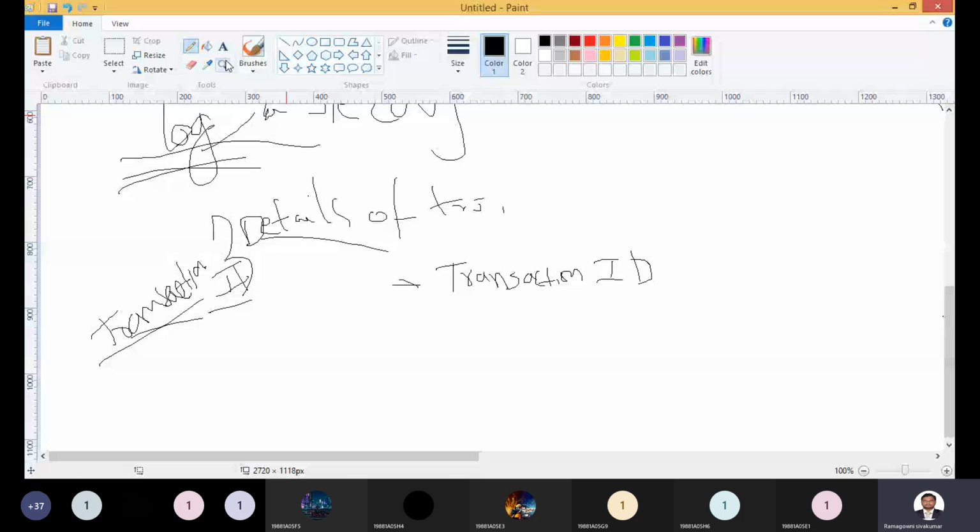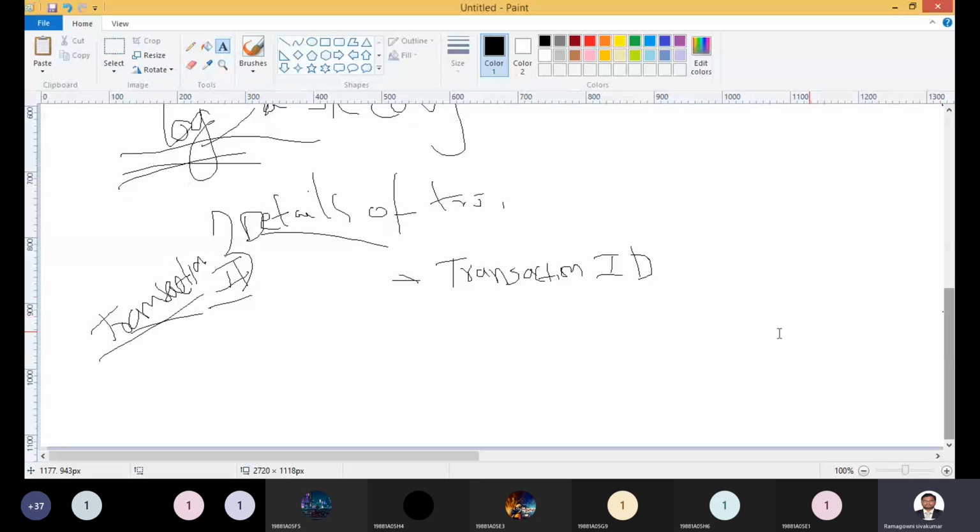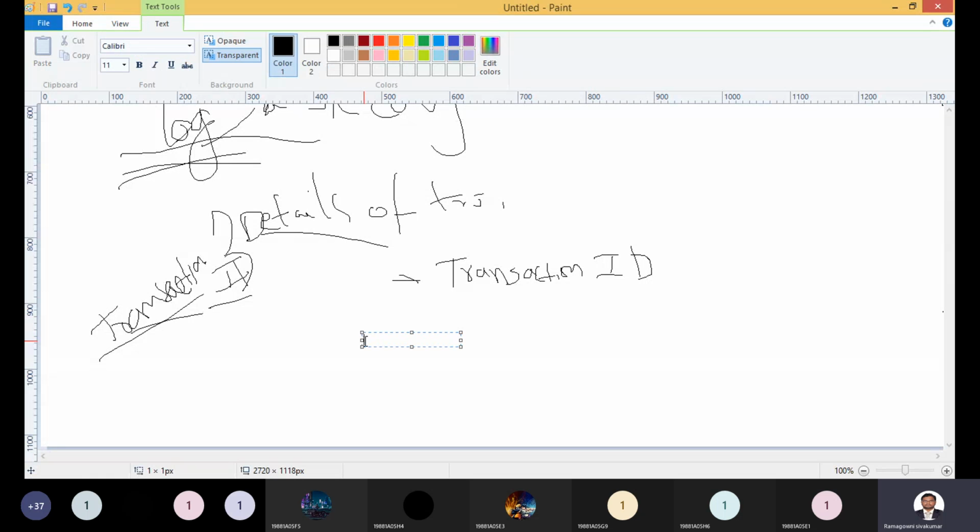See here, the log file contains entries in this way. First, start transaction, TM in short, with the transaction ID.